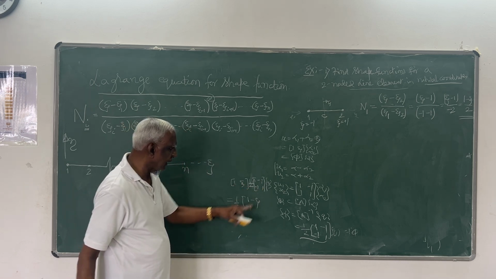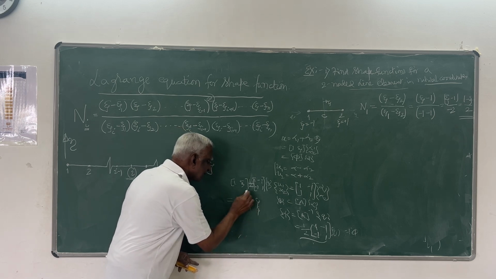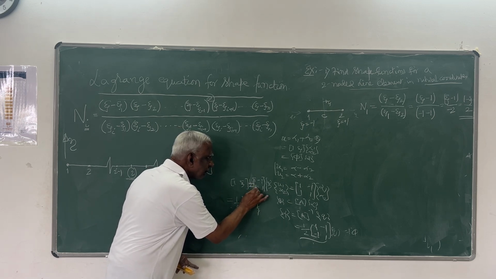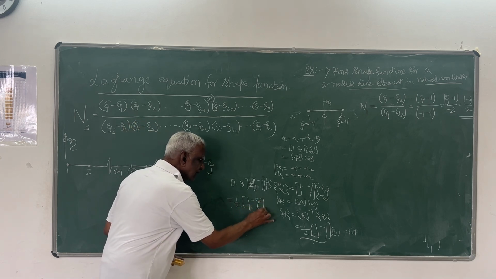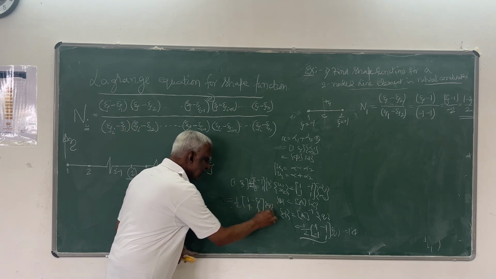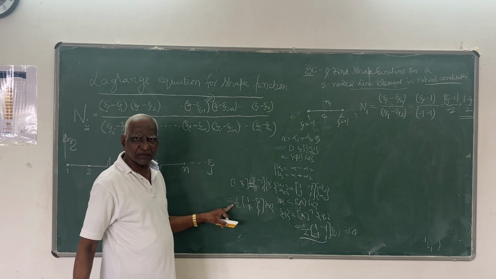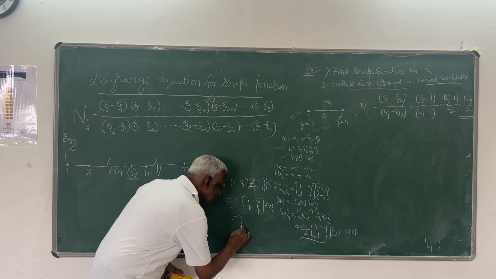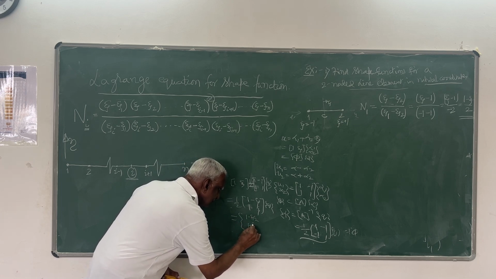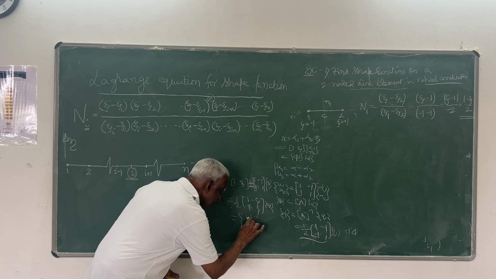You check this, this is 1, then this is 1 into 2. So it is 1 minus psi by 2, 1 plus psi by 2, into 2.